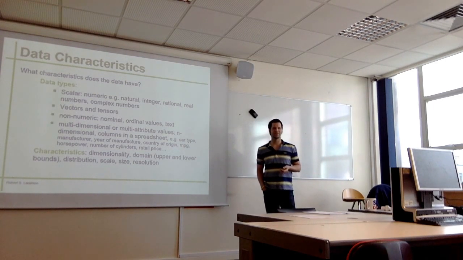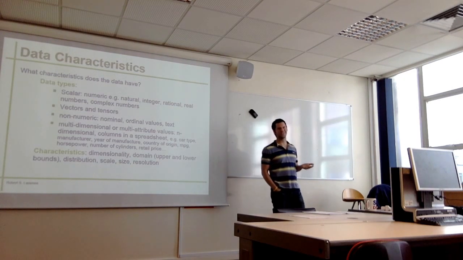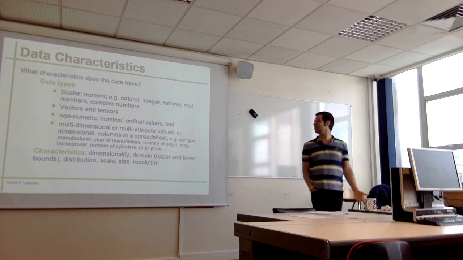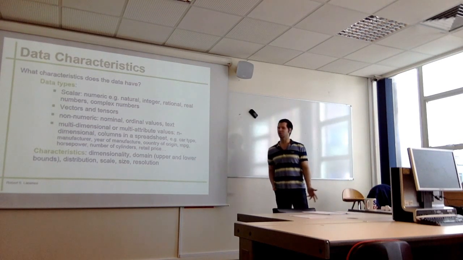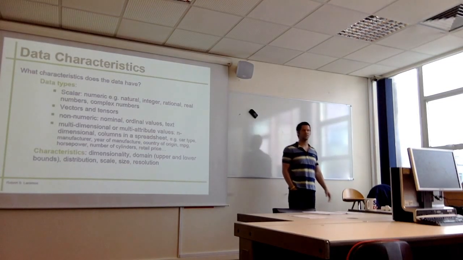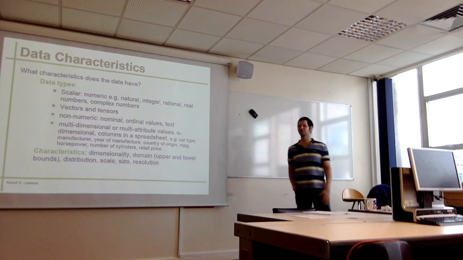Rational numbers. That starts to get more complicated. So rational numbers are numbers that can be expressed as a fraction. It's not really that important actually, but it's just an example. There are irrational numbers, too, numbers that can't be expressed as a fraction, like the square root of 2.